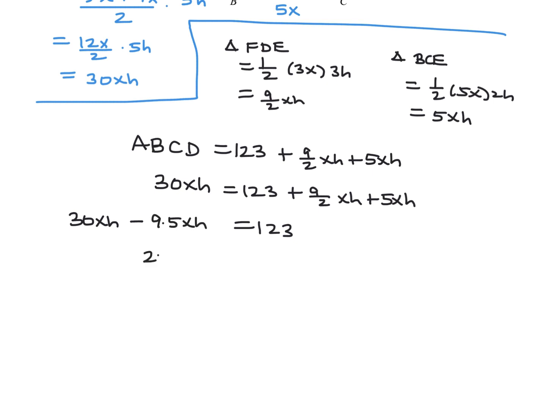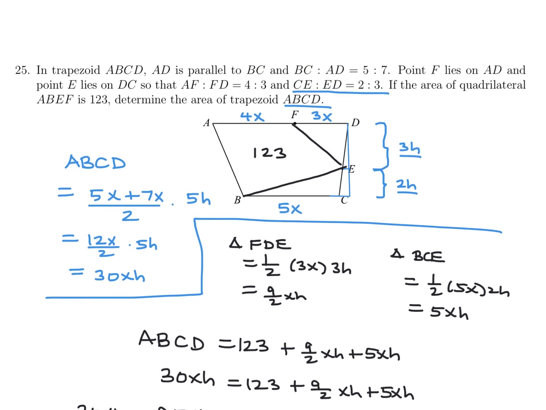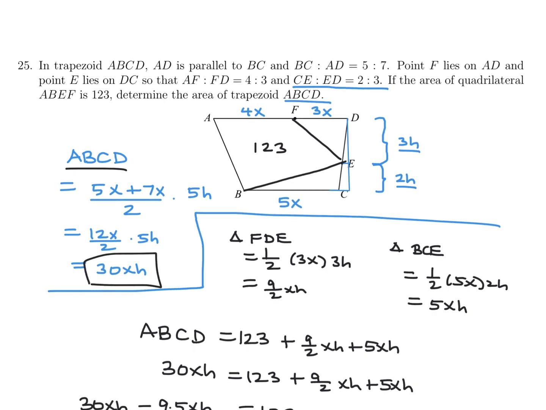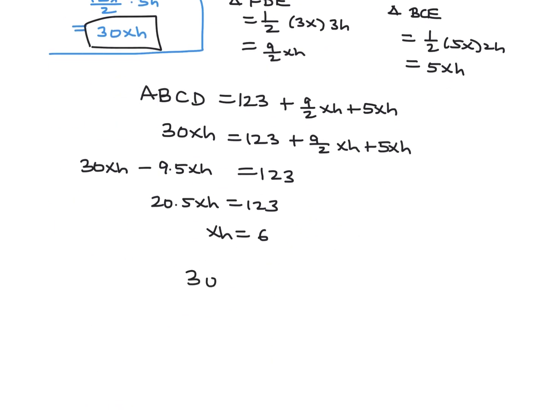So that's 20.5xh is 123. So xh is 6. And then what are we trying to figure out in this question? Determine the area of trapezoid ABCD. So ABCD was 30xh. Okay, I got what xh is. So then that's 30 times 6. Okay, I got it. So it's 180 is the answer to this question.